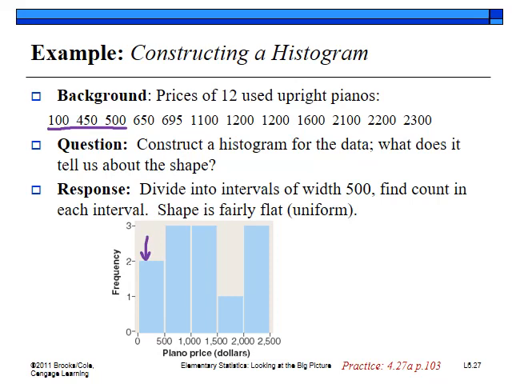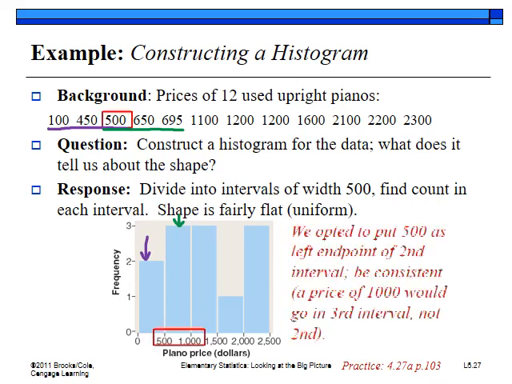Since I'm not including the 500 in that interval, the 500 gets included in the 500 to 1,000 interval, which is why we have 3 data points in that interval. So that's a decision that you get to make, which endpoint gets included and which endpoint gets excluded. But whatever you do, you need to be consistent.